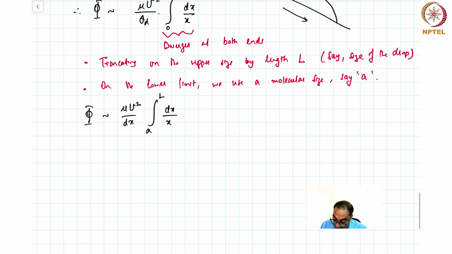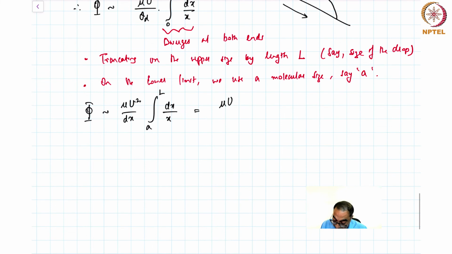Okay, and this simply gives me mu u square by theta d times logarithm of capital L by A. Now this logarithm of capital L by A, we can define it as L. So this is nothing but mu u square by theta d of L.